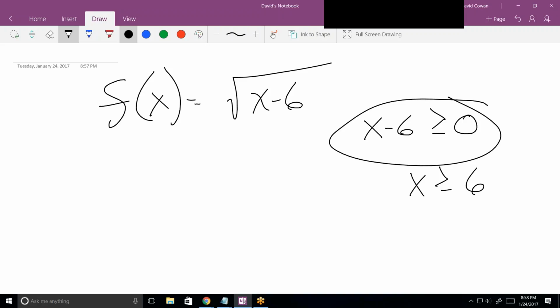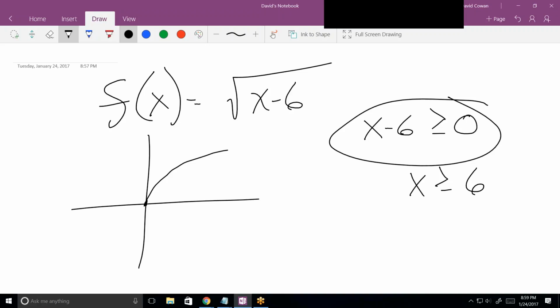What's the range? The range, since it doesn't have a plus or minus outside of the radical, it would just be 0 to infinity, right? Correct. Positive numbers only, or 0. And in terms of graphing it, if I start with the parent function, that's the square root of x.